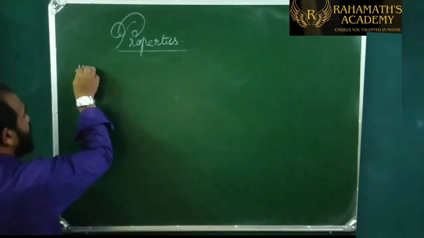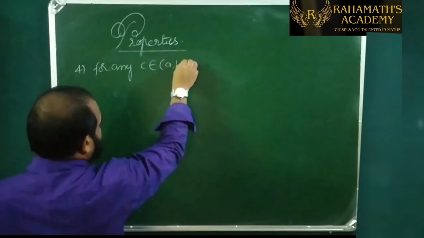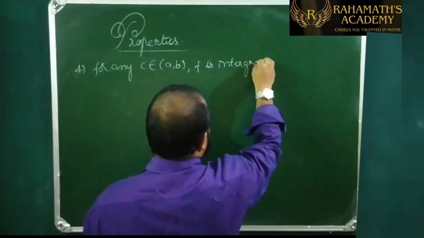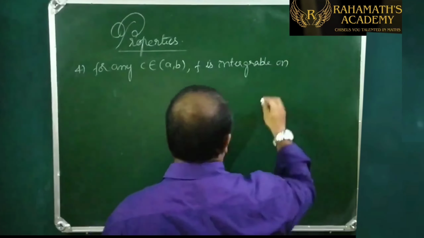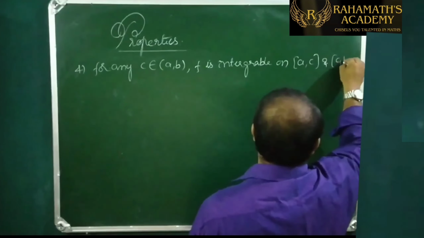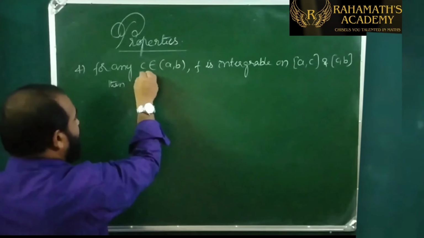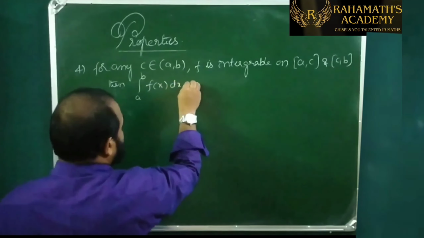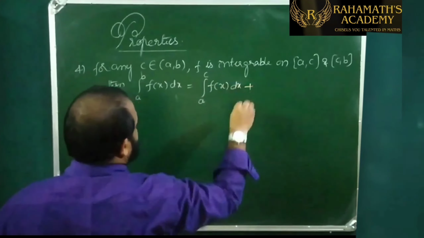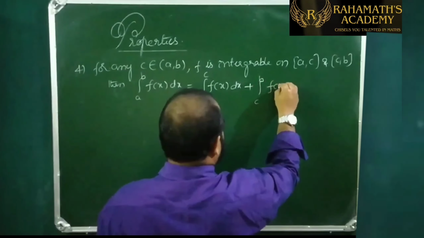Property: for any c belongs to (a, b), if f is integrable on a to c and c to b, then integral a to b f of x dx is equal to integral a to c f of x dx plus integral c to b f of x dx.